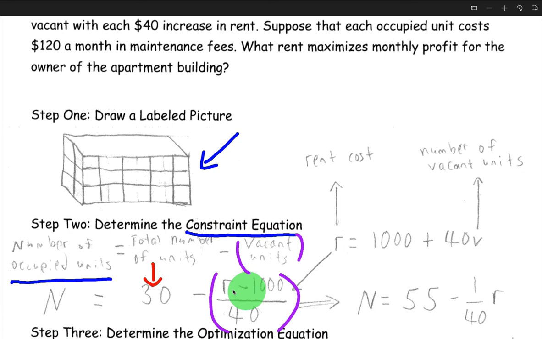And we want to put it in terms of R because you're looking for a rent that maximizes monthly profit, and part of what you're going to do with the constraint equation is ensure that the optimization equation is in terms of one variable. That variable needs to be R, since that will determine what you're maximizing. So next we will look at step 3, which is the optimization equation. However, if you have any other questions about the constraint equation, let me know.